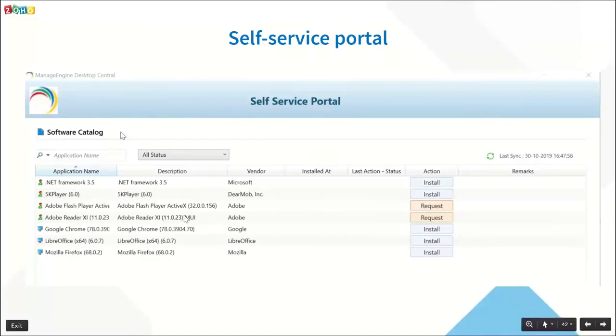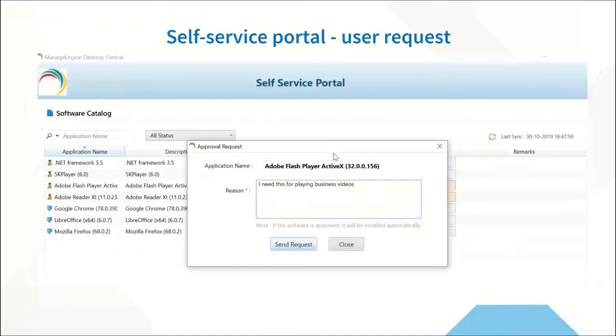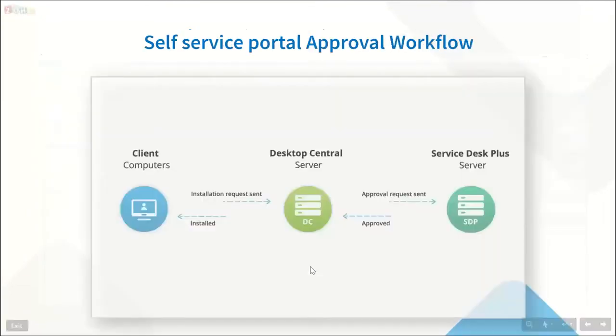So for Adobe applications, the users will have to request your IT administrator, and the administrator will have to grant access for installing these applications. In such a case, your IT administrators can monitor how and when your commercial applications are being installed by your end users. So in such cases, they will send a request to your IT administrator.